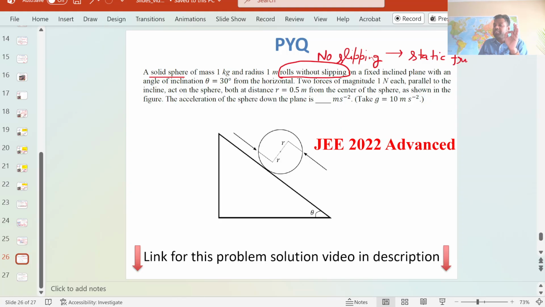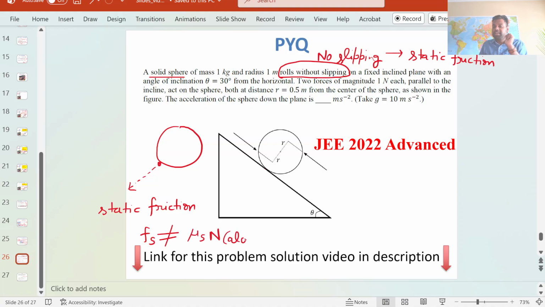If you apply kinetic friction, even if you do everything else right, your math, equations, and formulas, you will get the wrong answer. So at this point you will have static friction, Fs, and Fs is not equal to mu s into n always. So you will just leave it Fs.